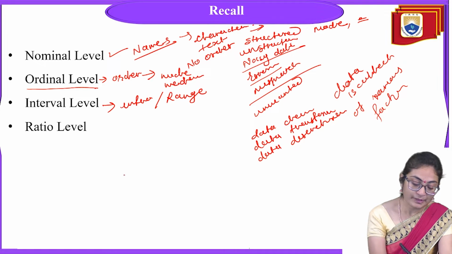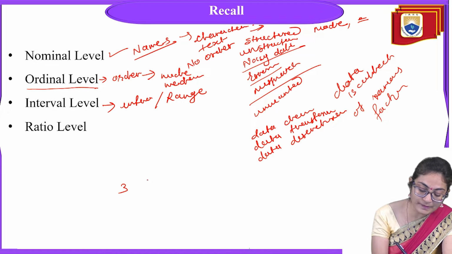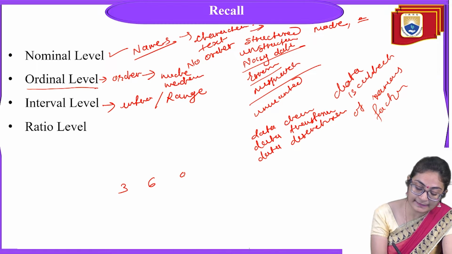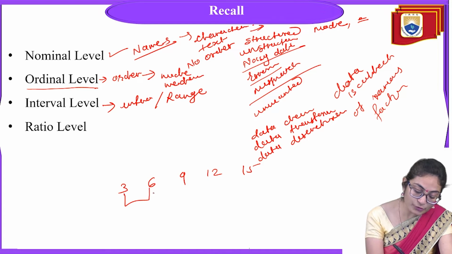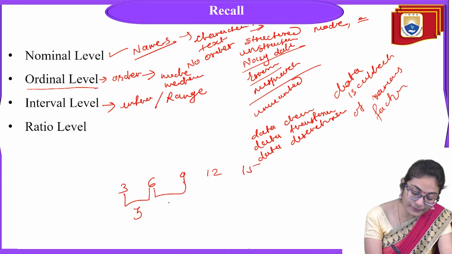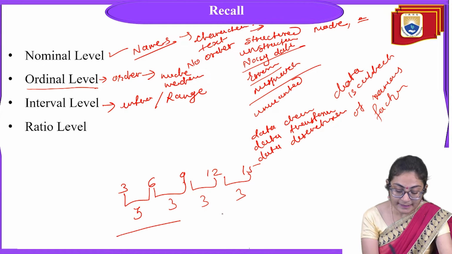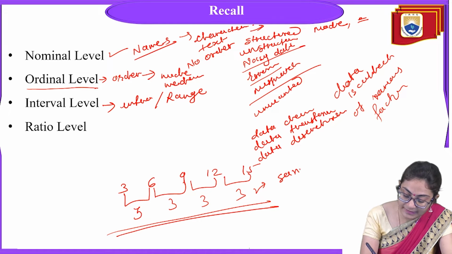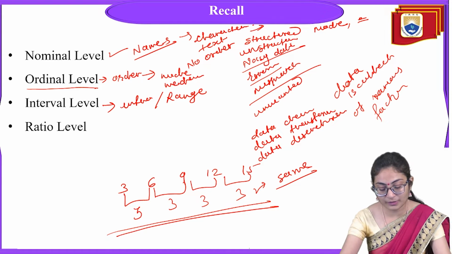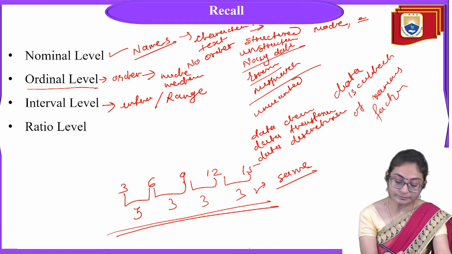We can see numbers like 3, 6, 9, 12, 15. That means this is showing the difference of 3. And this interval is always the same. This interval is showing the same range. So we can say it is the interval level.